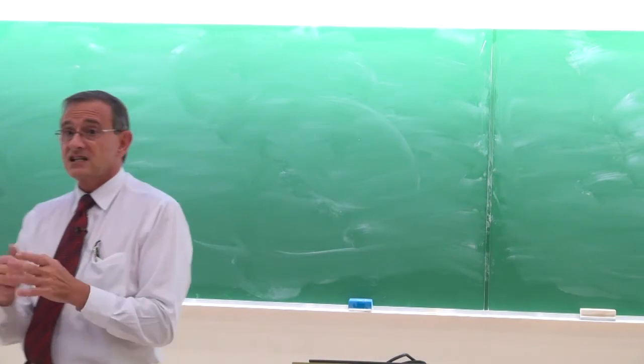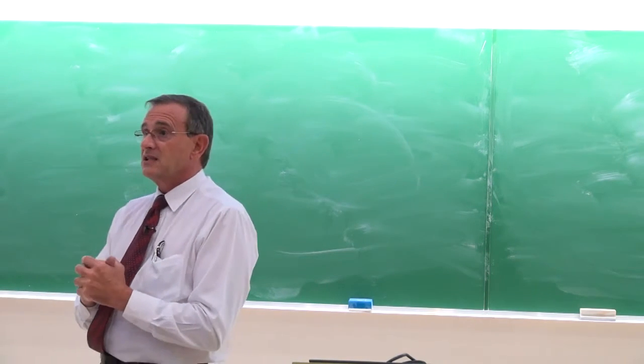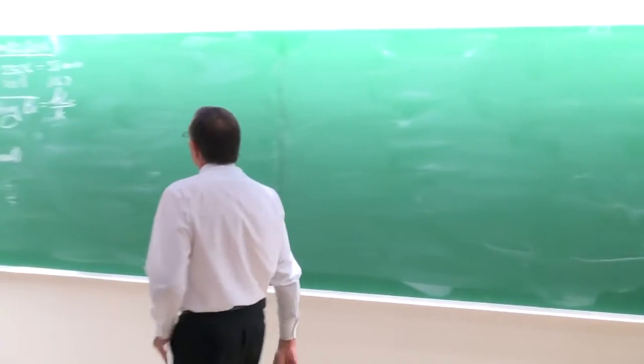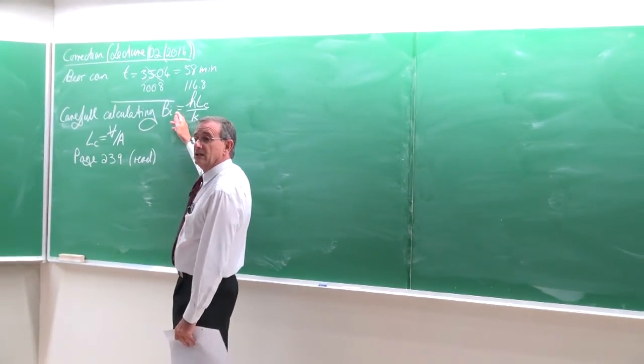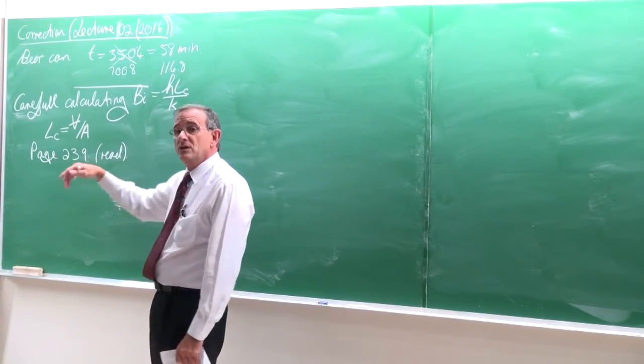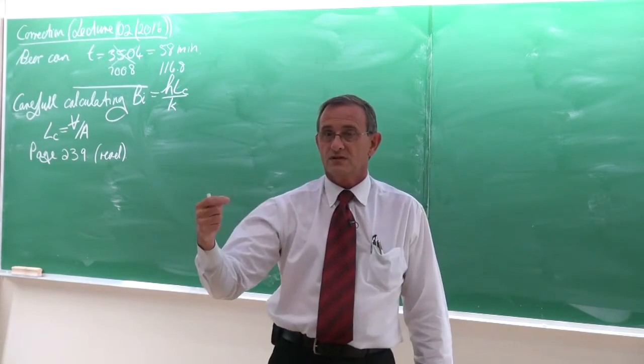However, it has a limitation, and a very, very important limitation, and that is that thing of the Biot number. The Biot number, which should be very small, and in theory it will give you an exact solution only when the Biot number is equal to 0. So in practice that never happens.